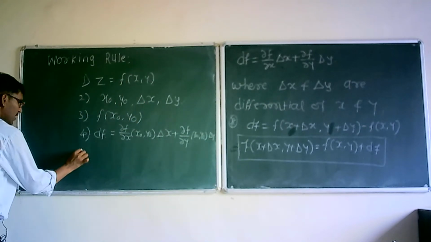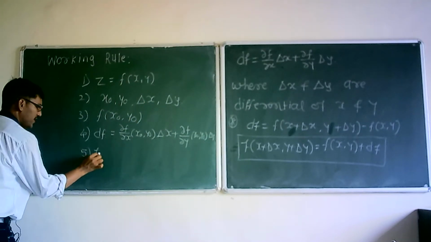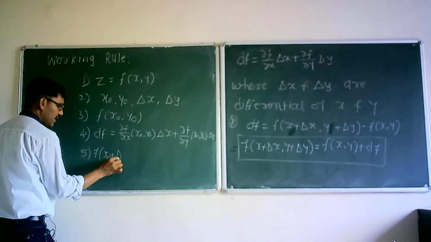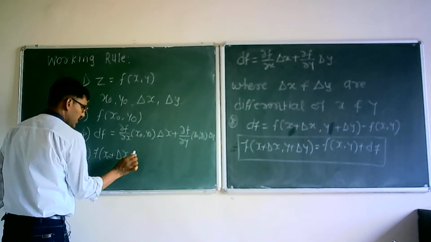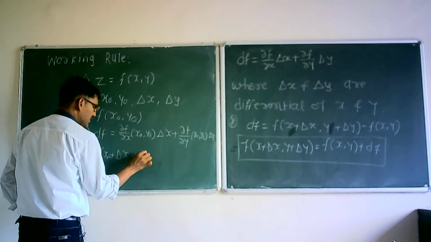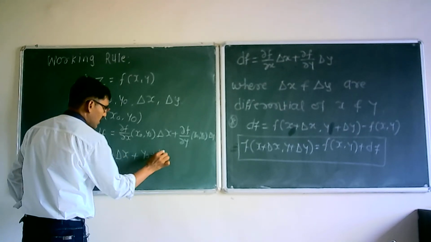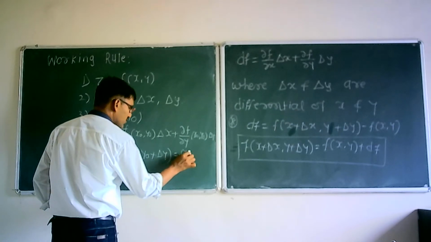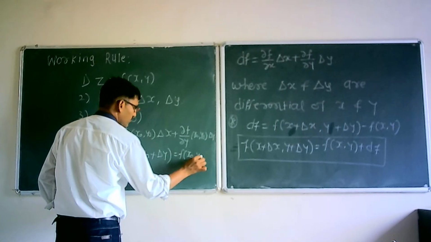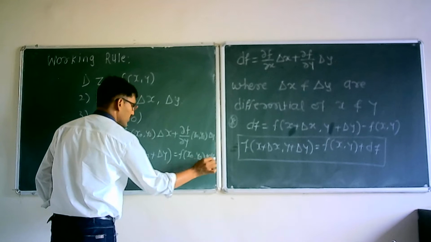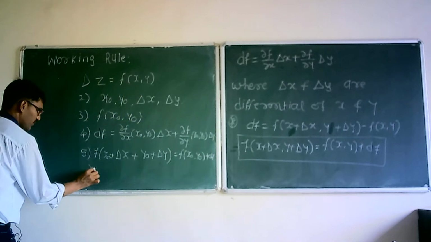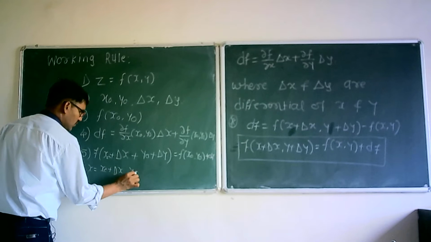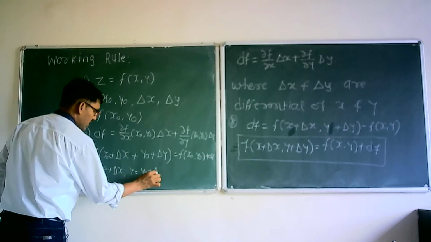And number 5, the last step: f of x plus delta x, y plus delta y is equal to f of x0, y0 plus df, where x is equal to x0 plus delta x and y is equal to y0 plus delta y.